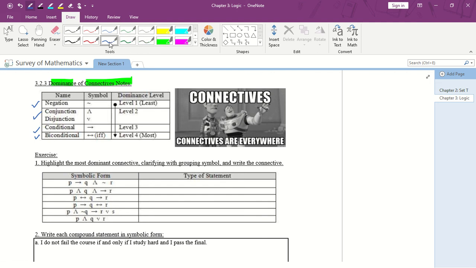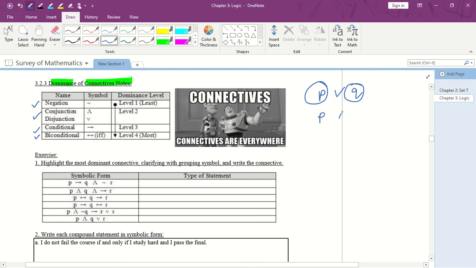Okay, usually when we look at this one, it's P, Q, and we know that when it is "or", it means that "or" is separating P and Q. Okay, and when we look at P and Q, we know that P and Q is separated by the "and". However, sometimes when we look at this one, P and Q and R, and we are thinking, so which one is separated?